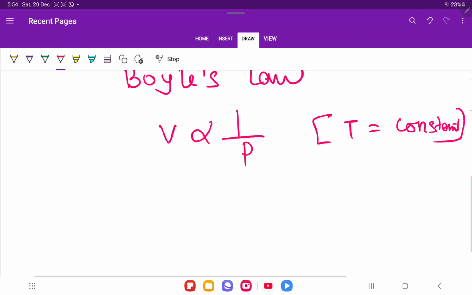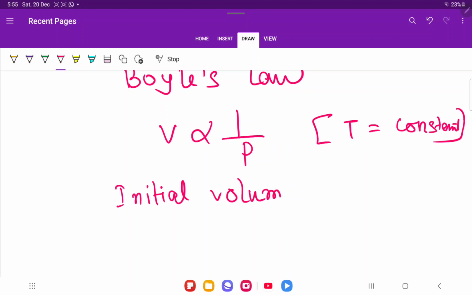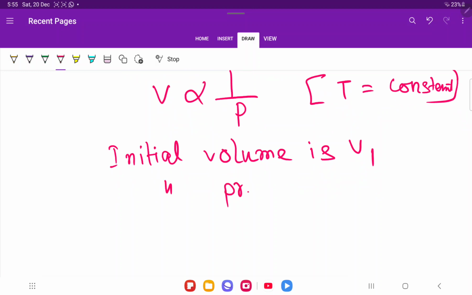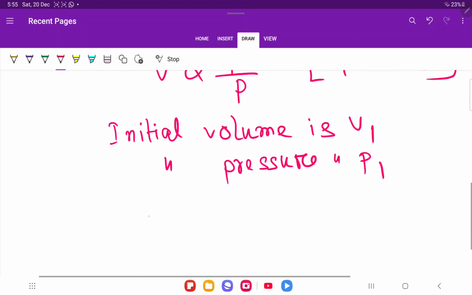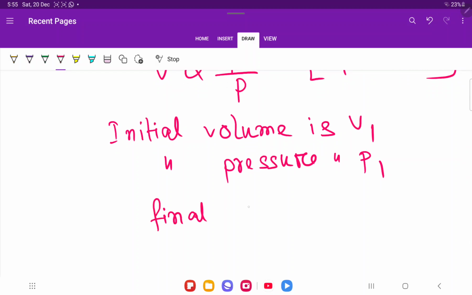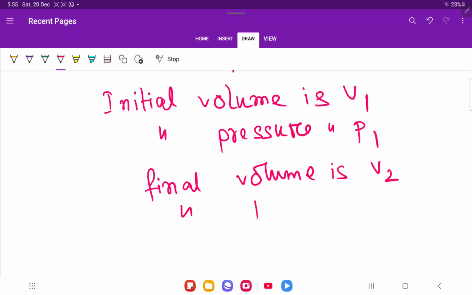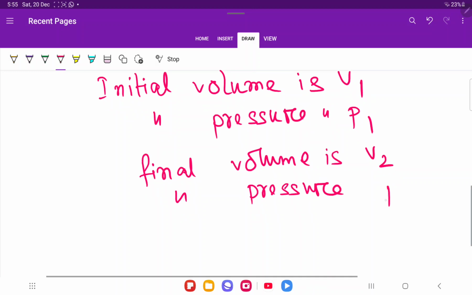Now if you see, if the initial volume is V1, initial pressure is P1, and final volume is V2, the final pressure is P2.